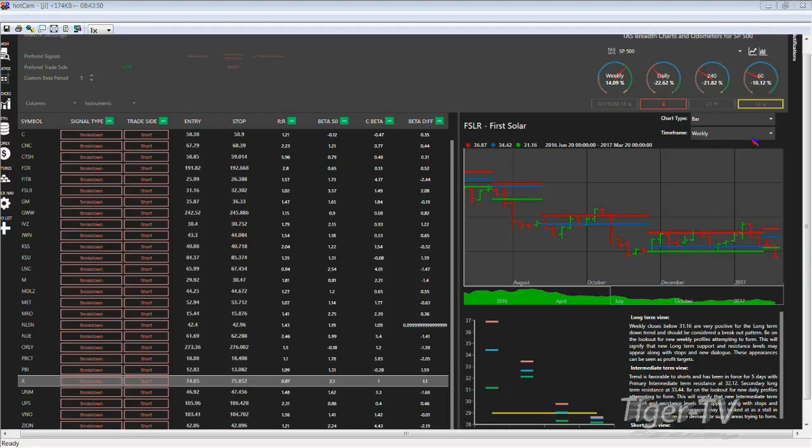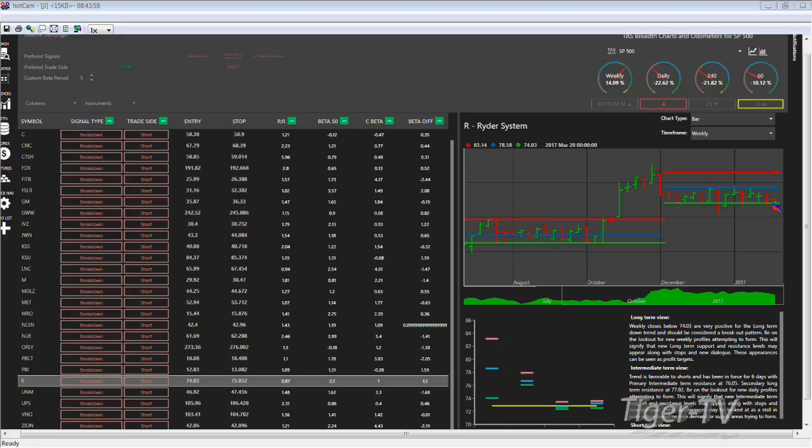Ryder System. Kind of already retested that. Might be in for a little bit more of a ride down below 74.02 on this one. Kind of already retested, rejected it. Might not be a bad trade on the short side on this one too. There's UPS.